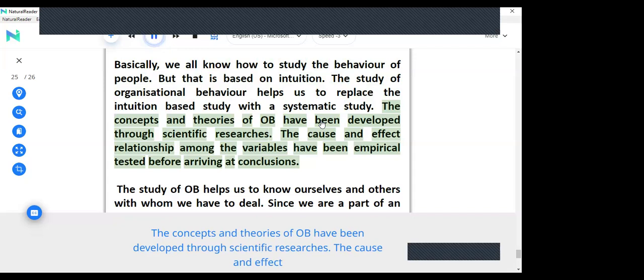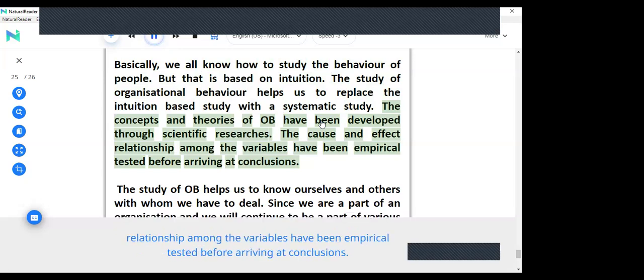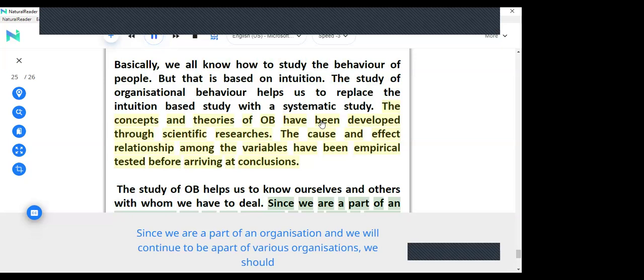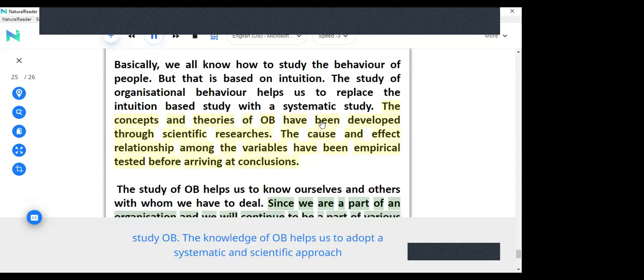The concepts and theories of OB have been developed through scientific researches. The cause and effect relationship among the variables have been empirically tested before arriving at conclusions. The study of OB helps us to know ourselves and others with whom we have to deal. Since we are a part of an organization and we will continue to be a part of various organizations, we should study OB. The knowledge of OB helps us to adopt a systematic and scientific approach.